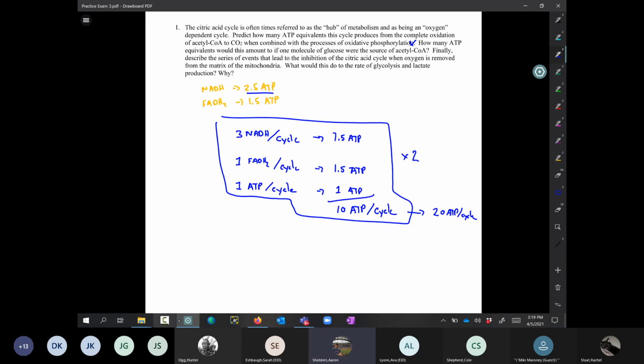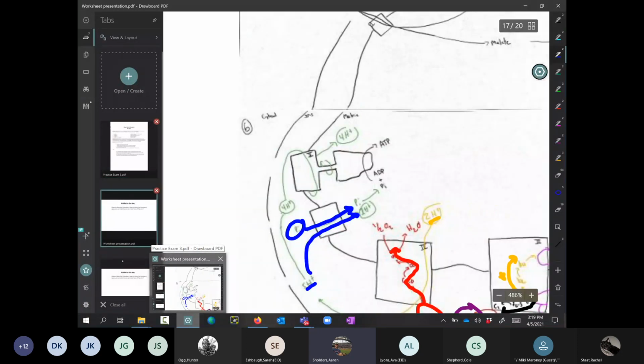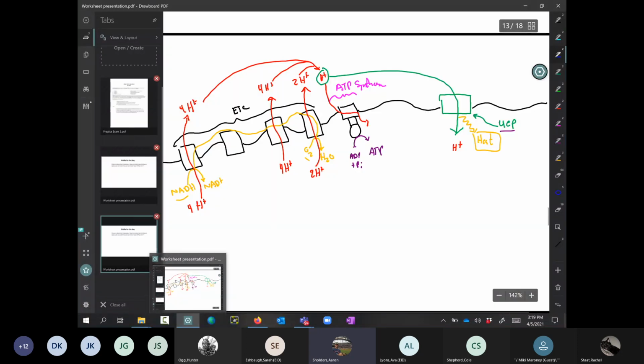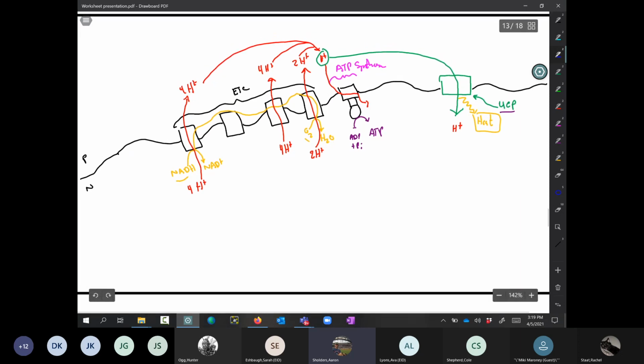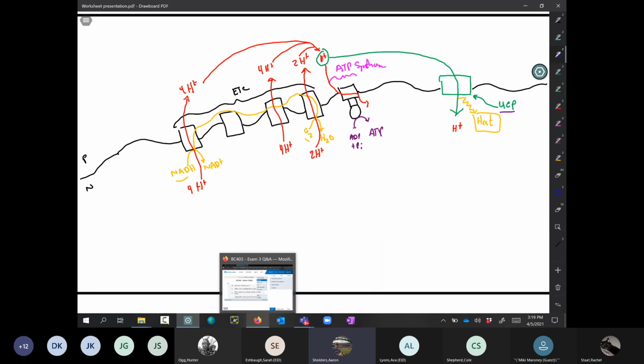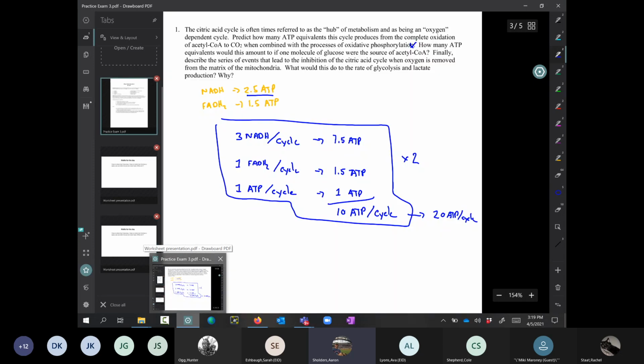So let me go back to my last diagram. Right here? No, right here. There we go. What was the question again? Anaerobic conditions, I believe. Describe the series of events that lead to the inhibition of the citric acid cycle when oxygen is removed.